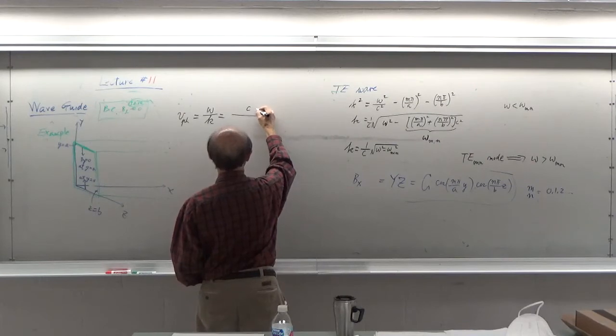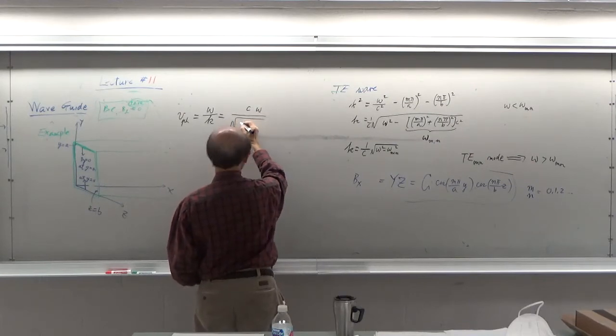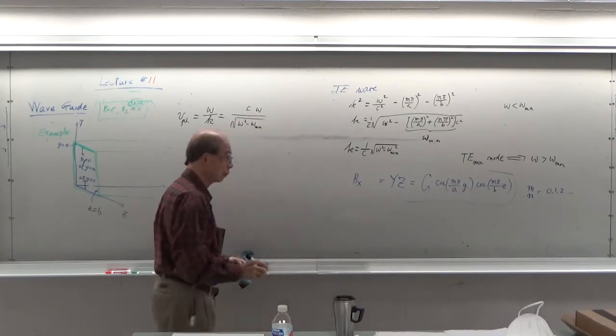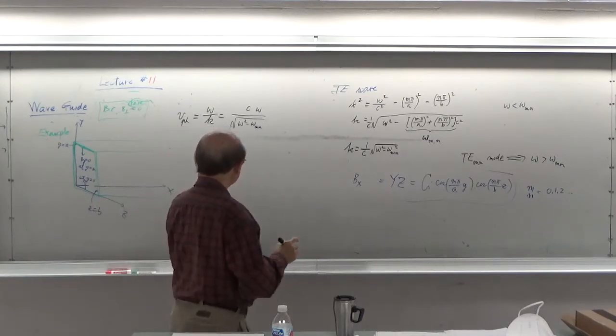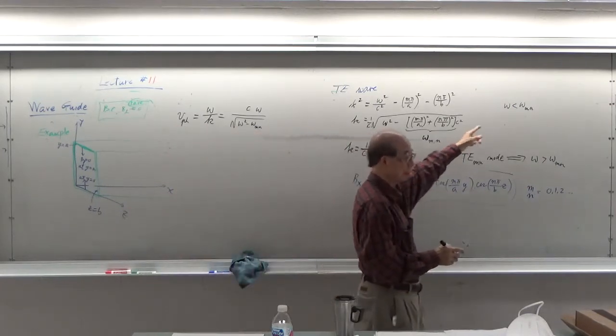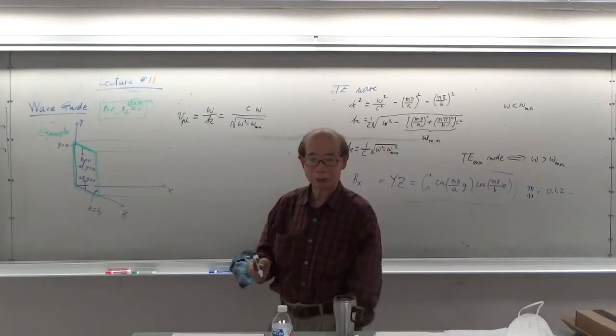omega divided by the square root of omega squared minus omega mn squared. And we are assuming that omega mn is less than omega, otherwise there will be no propagation of the wave.